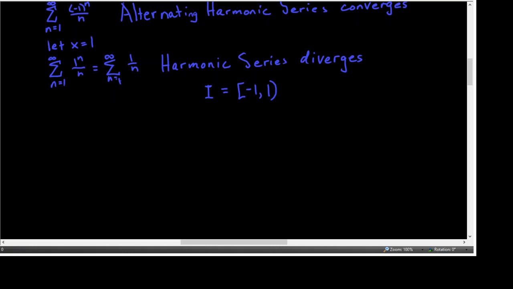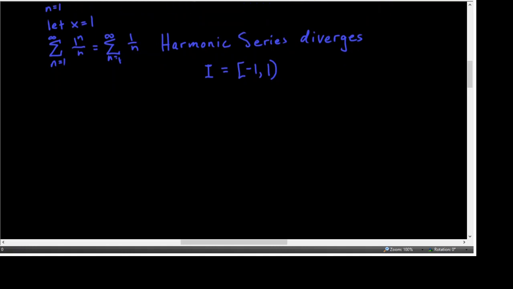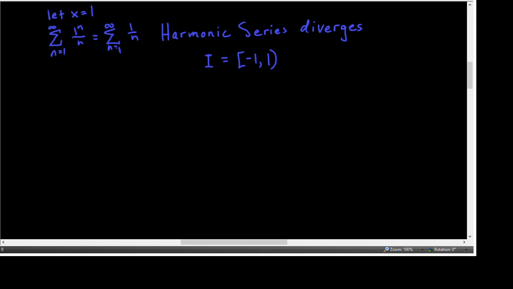So let's do an example, because a lot of that will make more sense through the lens of examples, I believe. So let's say that we have a function f of x defined as a series from n equals 1 to infinity.